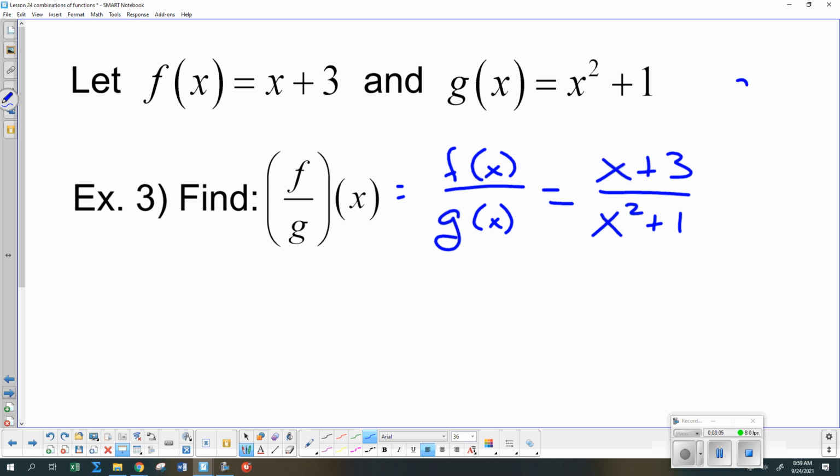Can I factor that denominator to be able to simplify anything? I don't think so. And then I need to worry about, oh, is the denominator going to be 0? So let's see, x squared plus 1 can't be 0. X squared can't be negative 1. Does any real number cause a problem with that? So we have no restrictions, so the domain is still all real numbers. We're good.